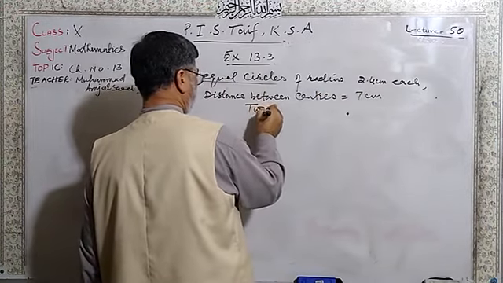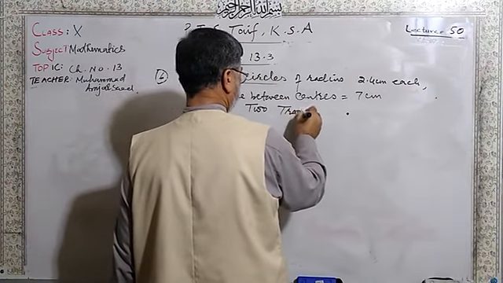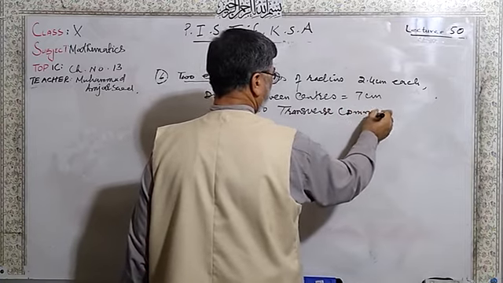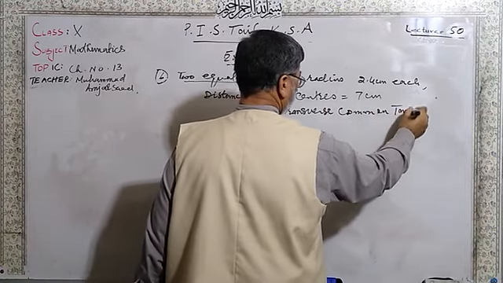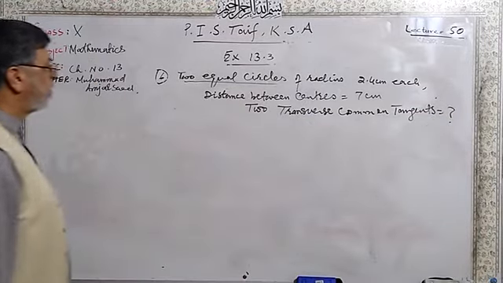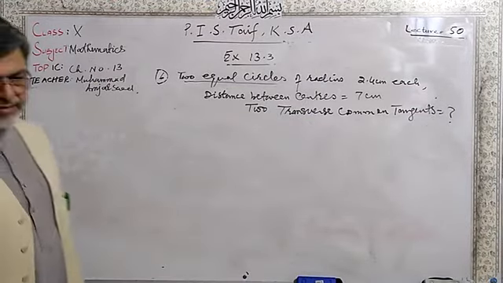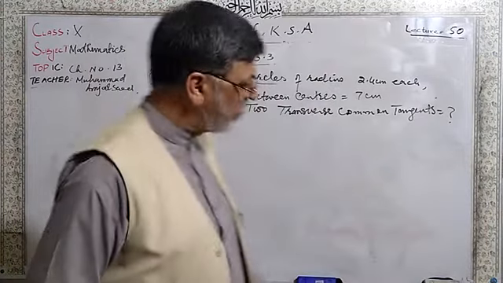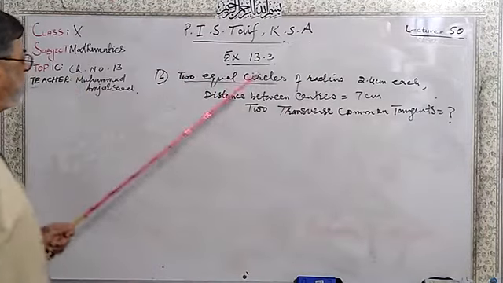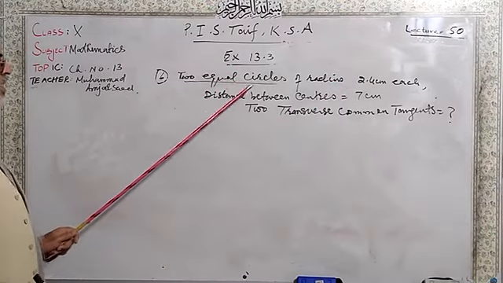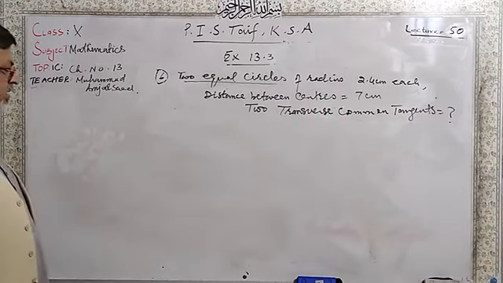Two transverse common tangents we have to draw. So dear students, this is the data of your question number 6. Here we have two equal circles of radii 2.4 centimeter each. Distance between centers is 7 centimeters.